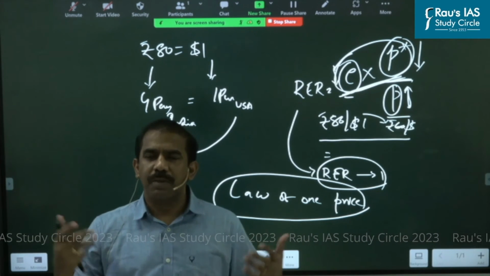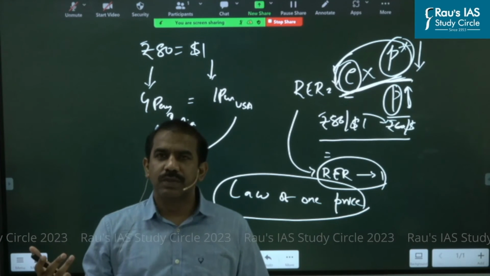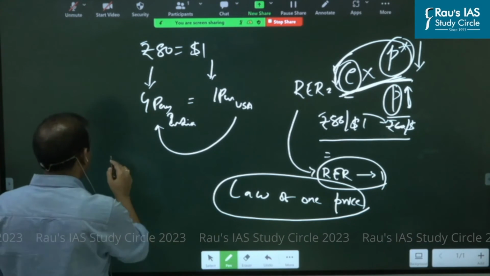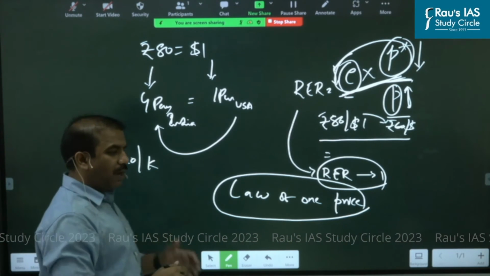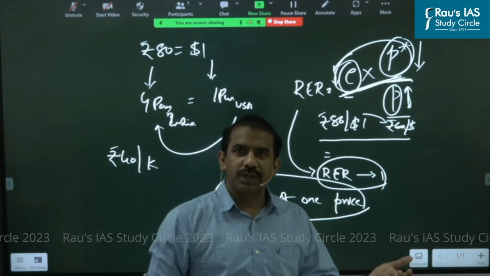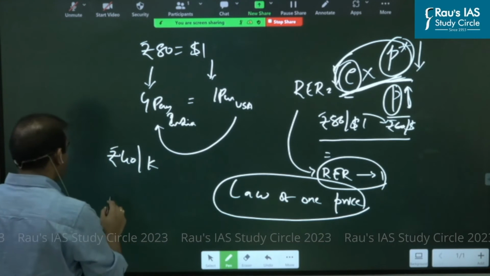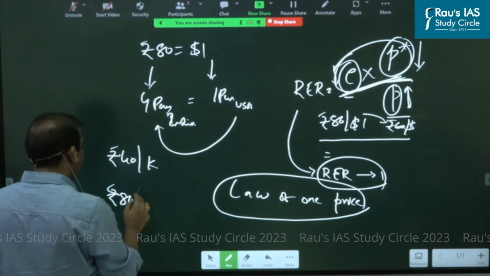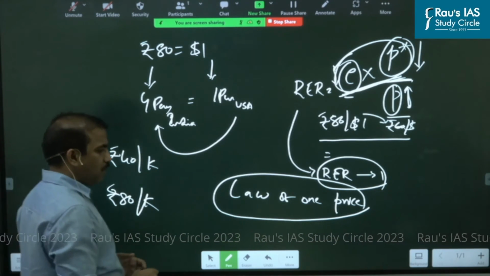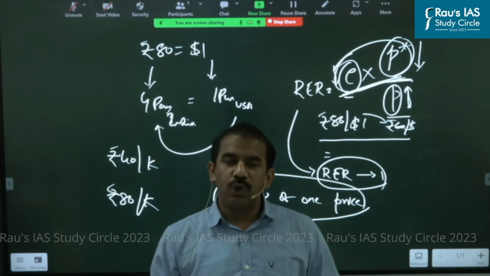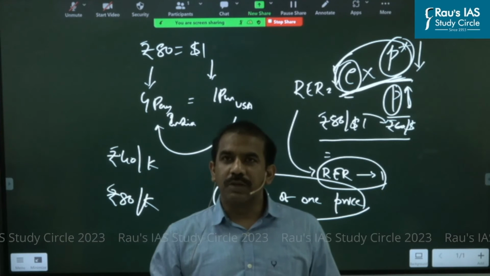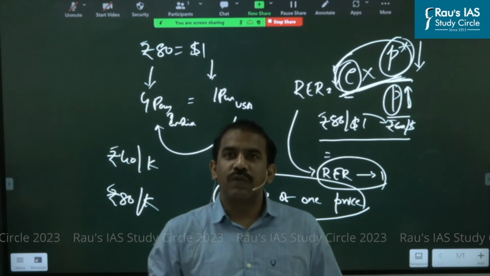Let's suppose, imagine in Karol Bagh, we have onions trading at 40 rupees per kilo. And 2 kilometers down the line, let's say New Rajendra Nagar, the price of onions is 80 rupees per kilo. Do you really think it is practically possible that in 2 kilometers of distance the same product could be traded at two different prices?